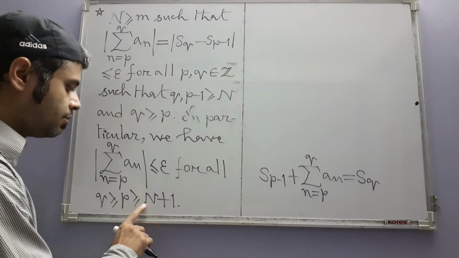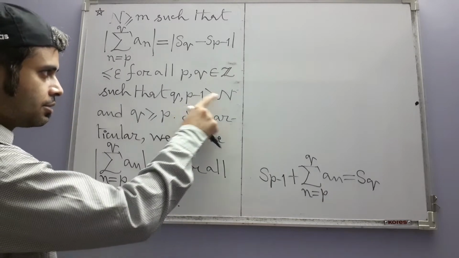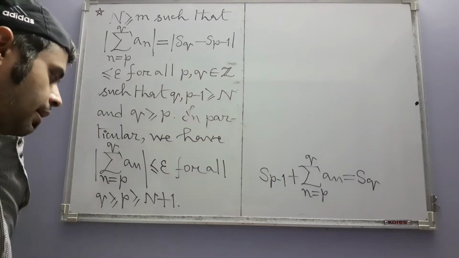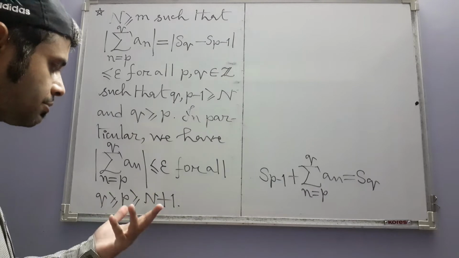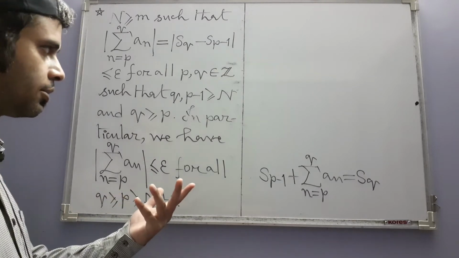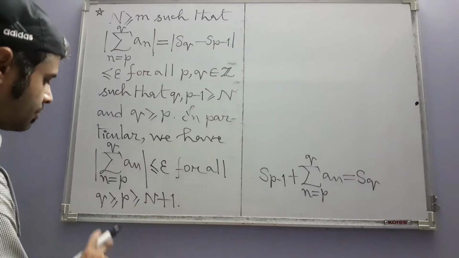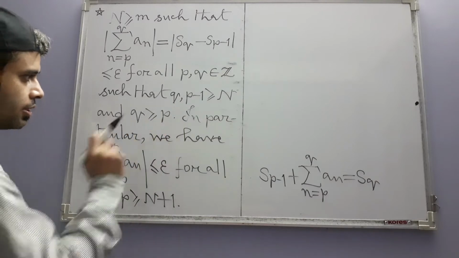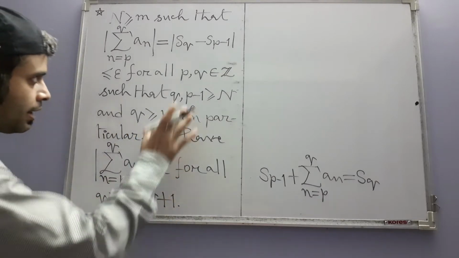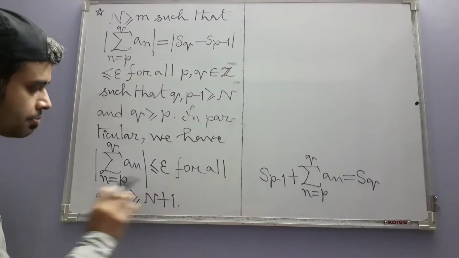If p is greater than or equal to n plus 1, then p minus 1 is greater than or equal to n, and here q is greater than or equal to n plus 1. So automatically q is greater than or equal to n also. That is why we are saying in particular. And additionally we are also having q greater than or equal to p. So here we have combined all these things together like this.